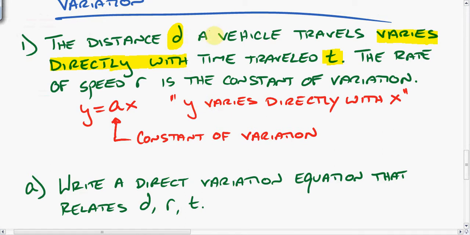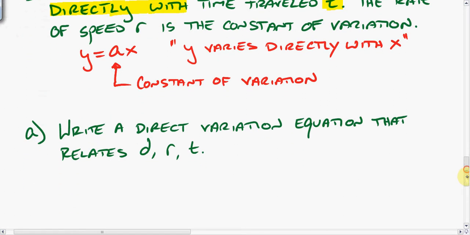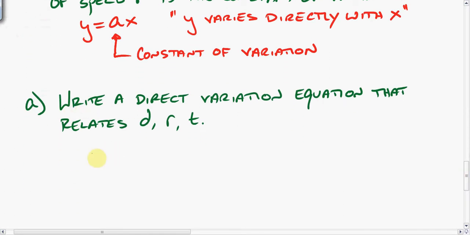So this is basically the exact same phrase, only using different letters. My y is represented by d, my x is represented by t, and we know that the constant of variation is r. So I have my new equation, d equals rt.